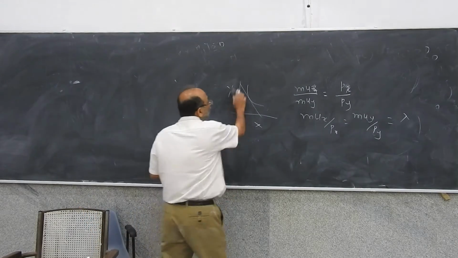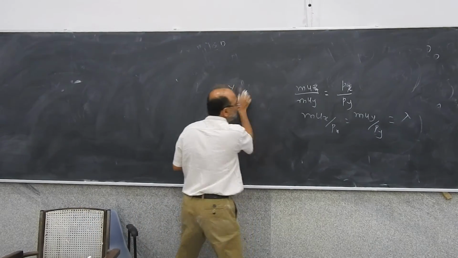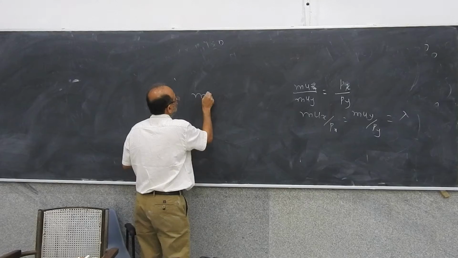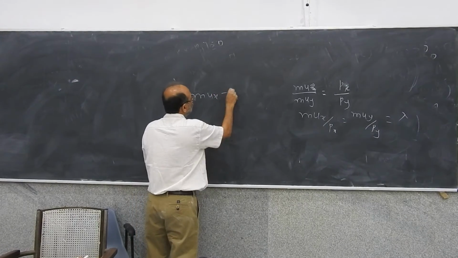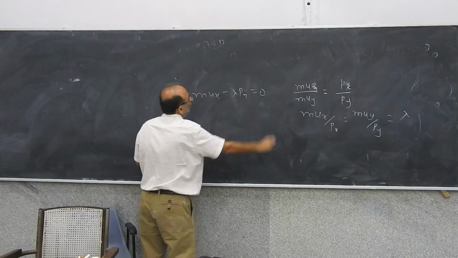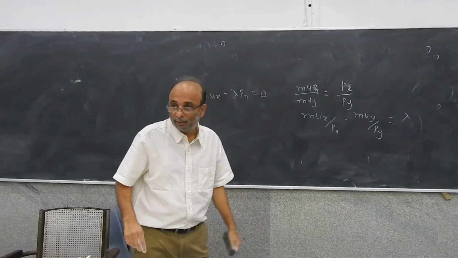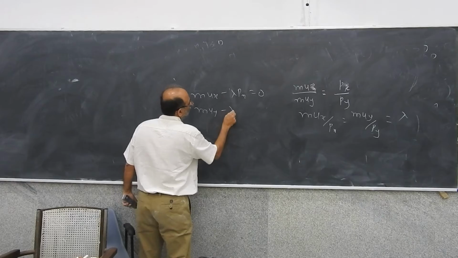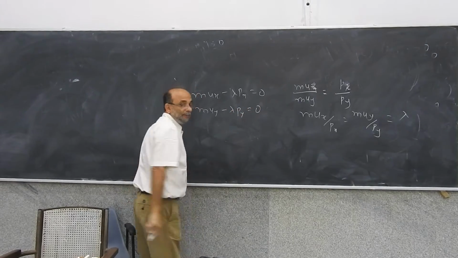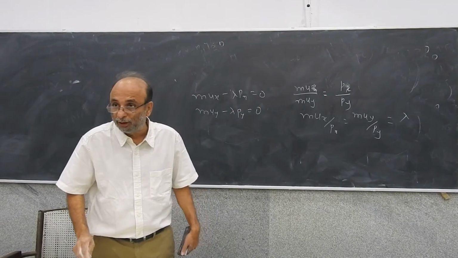Now look at it this way. From this it is very easy to see that MUX minus lambda PX is equal to 0. So you have MUY minus lambda PY must be equal to 0.